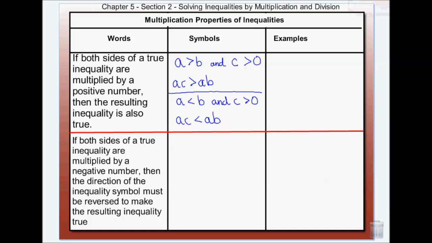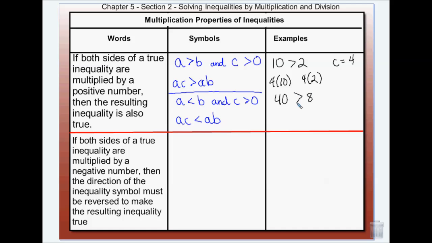So that's all very random and mathematical, but what does that mean in the real world? Let's say A is 10 and B is 2. Do you guys agree 10 is greater than 2? Yeah. And let's say C is 4. I'm going to multiply 10 by 4 and 2 by 4, and I'm going to get 40 and 8. 40 is still greater than 8, right?